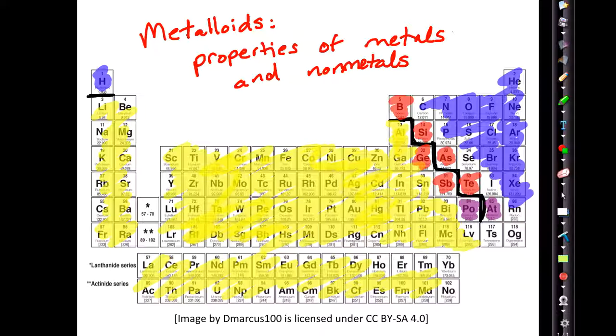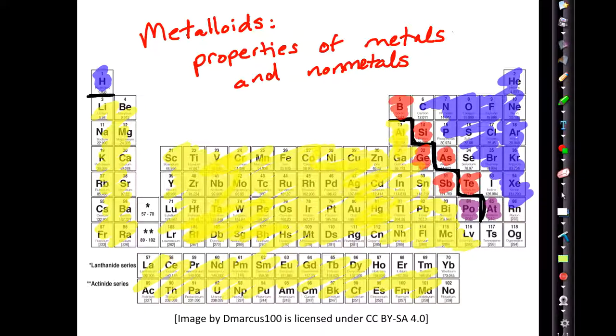Usually astatine isn't really put into a category because we just don't really know enough about it. There isn't enough of it out there for us really to know how it reacts. We would predict that it would be similar, of course, to those other elements in group 17, the halogens, in terms of its reactivity, but we just don't know. We just don't have the experimental data to come to that conclusion.